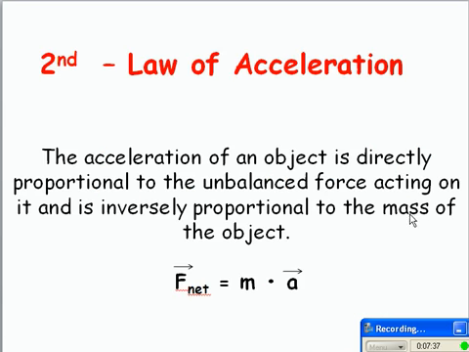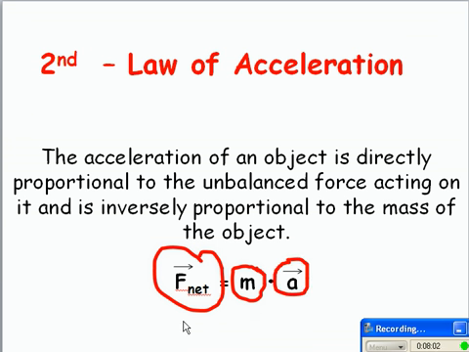Newton's second law of motion is F equals m times a, and this stands for that the force, the net force, the unbalanced force, is always going to be equal to the mass of an object times how fast the object is going to accelerate.